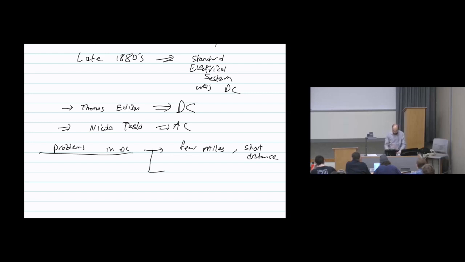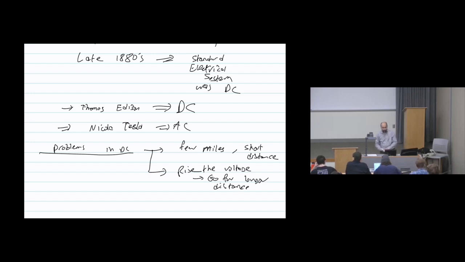And we realized that the higher the voltage that we have, the longer the distances that we can achieve. So we can say, okay, let's raise the voltage, and when we raise the voltage, we can go for longer distance.